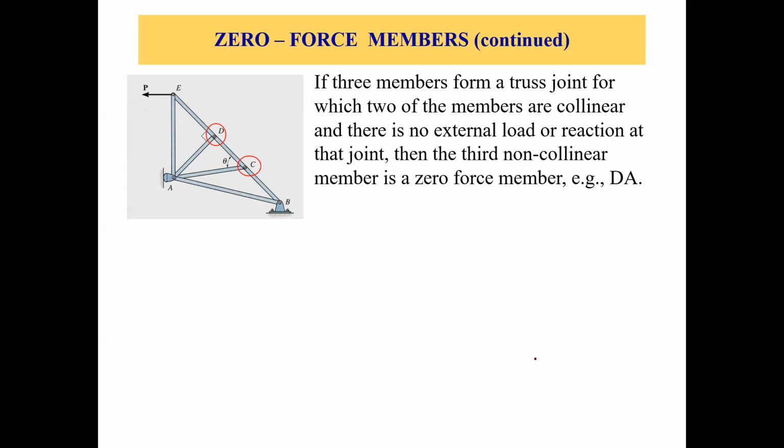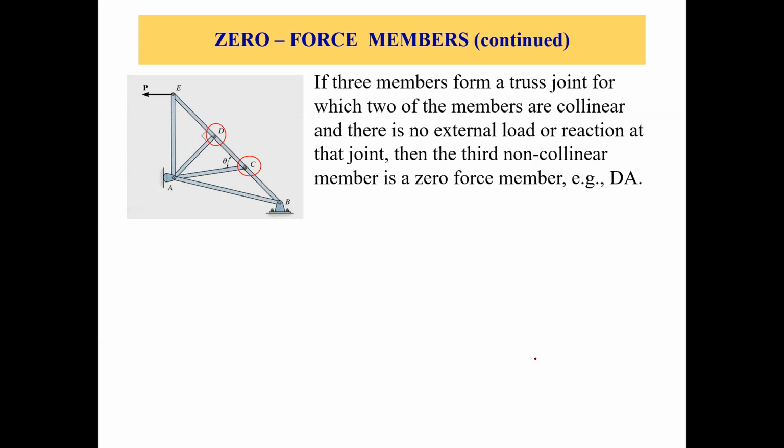So if you understand that, let's take a look at this figure on the left side. We have this simple truss, where we have different joints. Now, if you look at joint C, there are three members jointed at joint C: members CB, CD, and CA.